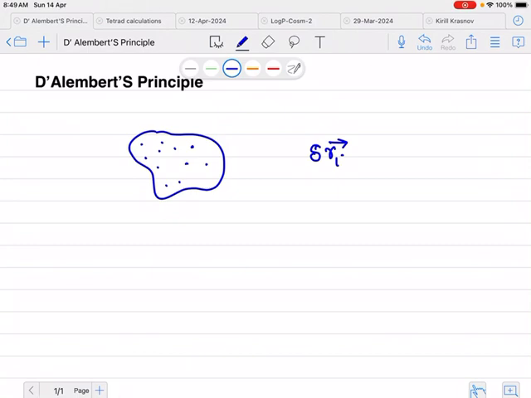Constraint means restriction. So this is a configuration, and in this configuration there are large numbers of points or particles, some kind of arrangement, and this configuration may be changed. It is changed due to some applied force, external force, and some constraint.